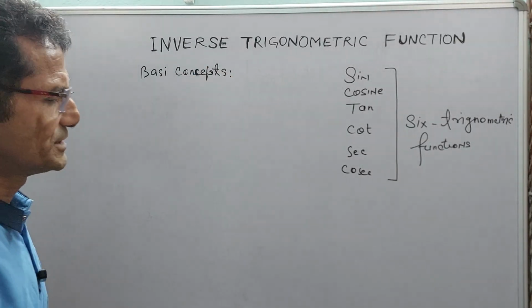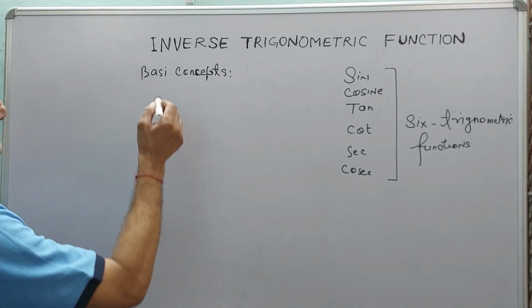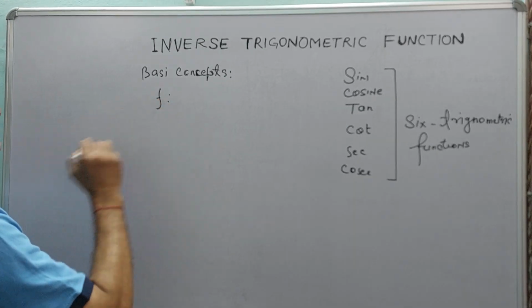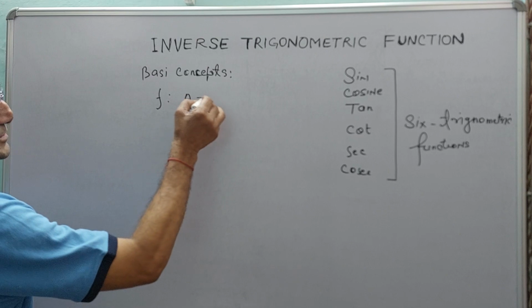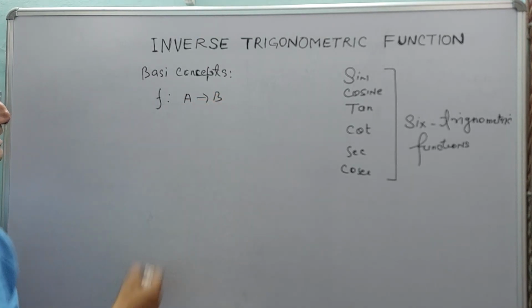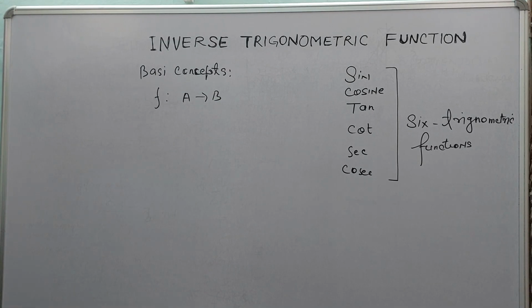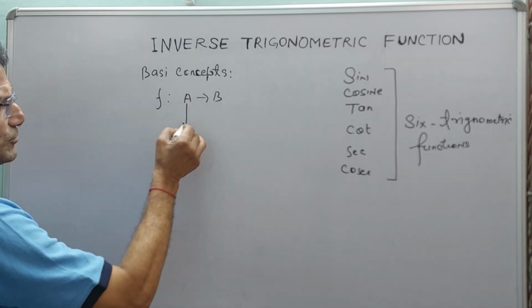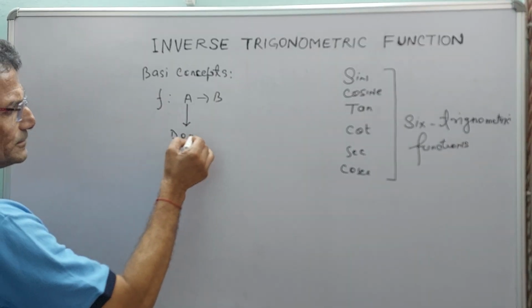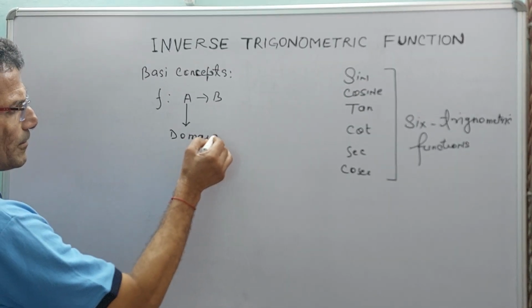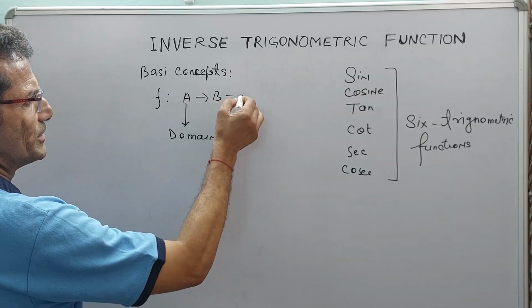Now, suppose f is a function from A to B. Here A is called the domain, and B is called the codomain.